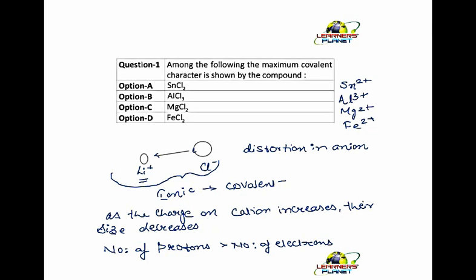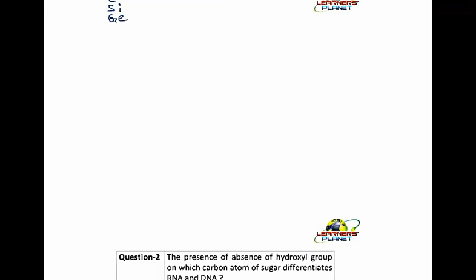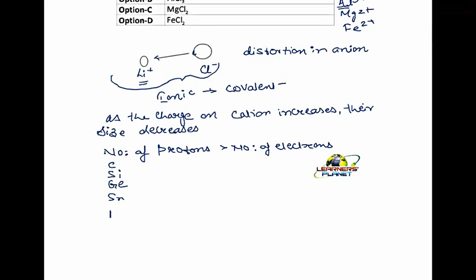Along the group, from top to bottom, the size of the atom increases, and along the period from left to right, the size decreases. Now, which is the smallest cation? Al3 plus is the smallest cation. Tin is present in the group of carbon, that is carbon, silicon, germanium, tin and lead, in the 5th period.